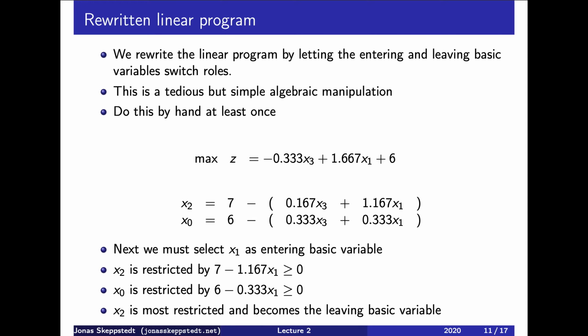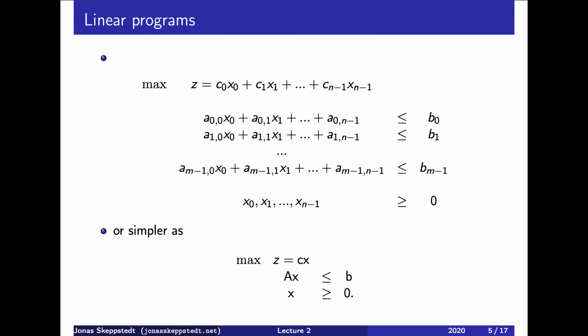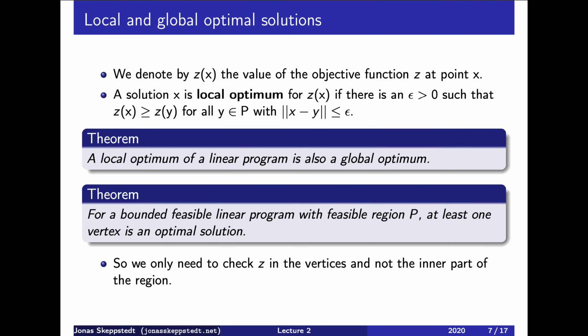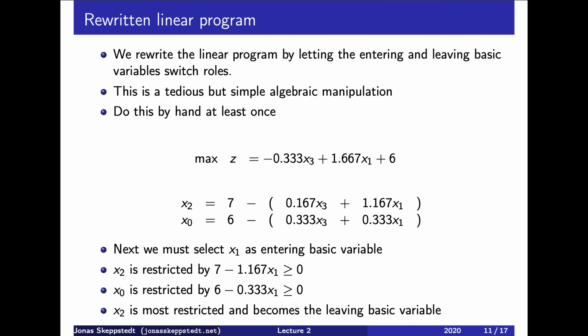And where are we? Well, we are at this point. We are here. Can we increase the value even more? Well, if we increase x1, then we will increase z. So let's do that. And then the question is, which one is most restricted? It's either x0 or x2, which is most restricted.